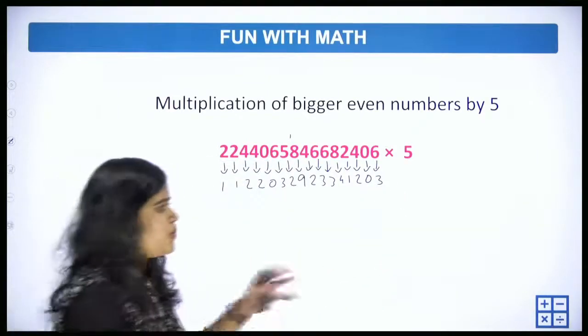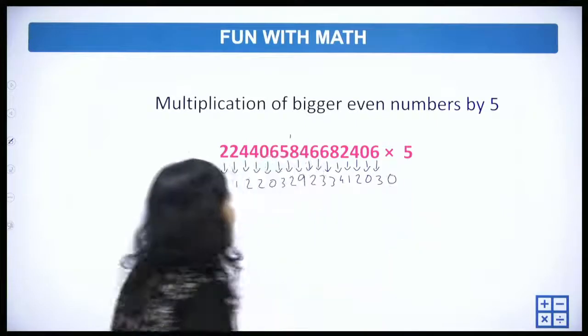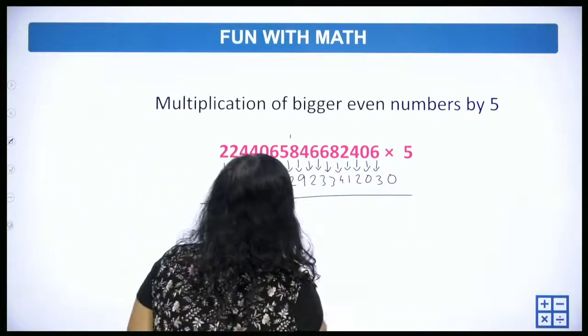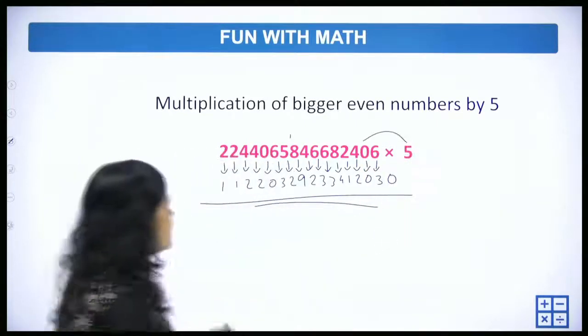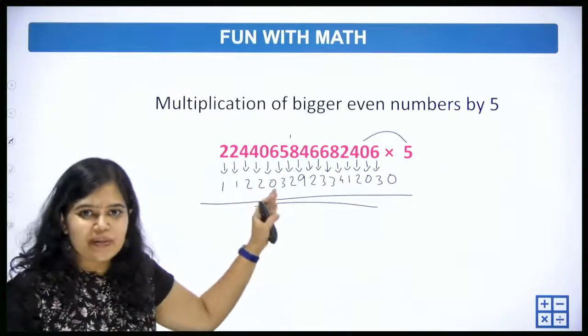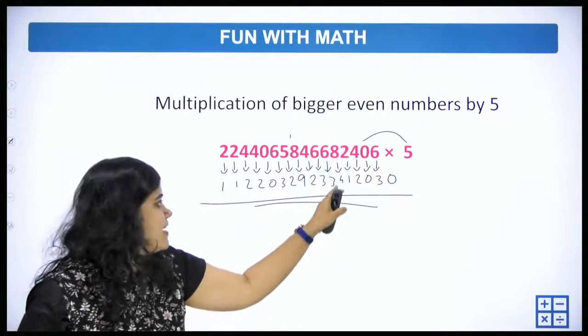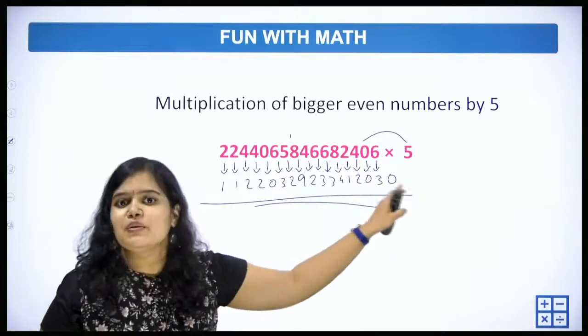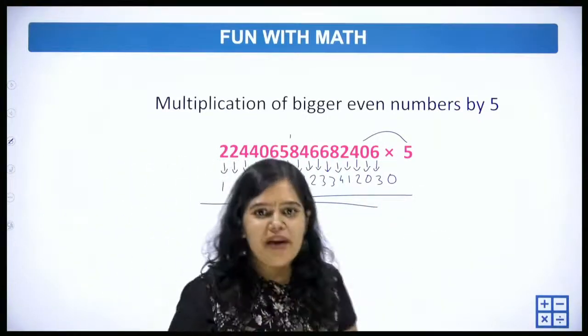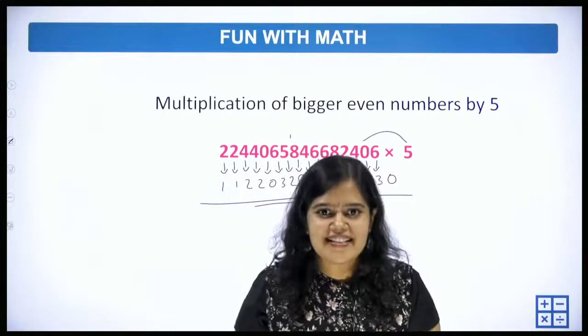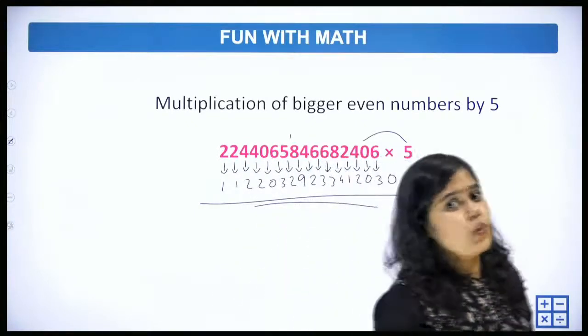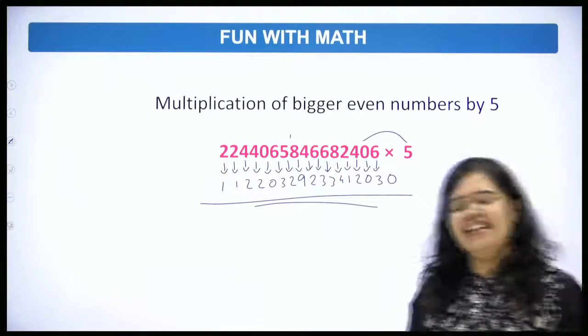And now we are just putting 0. So, on multiplying this, we get 11220, 3292, 33412030. Such a big number with 5 seconds multiplication. So, we'll do a few more sums of this kind in this session.